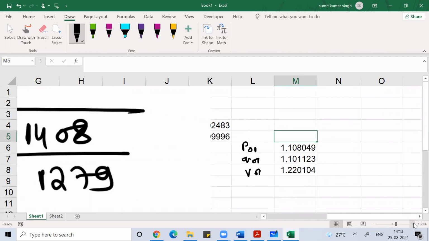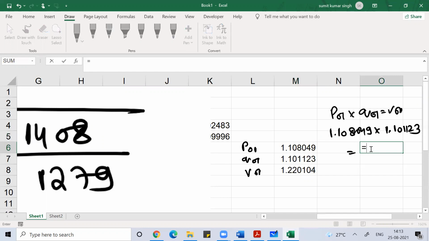The logic says that P01 into Q01 should be equal to V01. That is what the factor reversal test says. 1.108049 into 1.101123, I should get 1.220104.